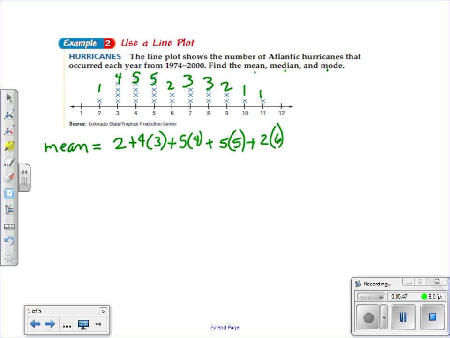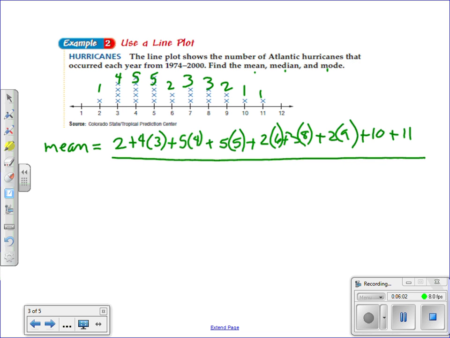Plus, there were 3 times that there were 8. Plus, 2 times that there were 9. Plus, 1 time that there were 10. You would multiply all of that up, divided by the number of years we reported data, which was 27. Add that all up, you find out that the mean is 5.7. So the average was 5.7 hurricanes a year.